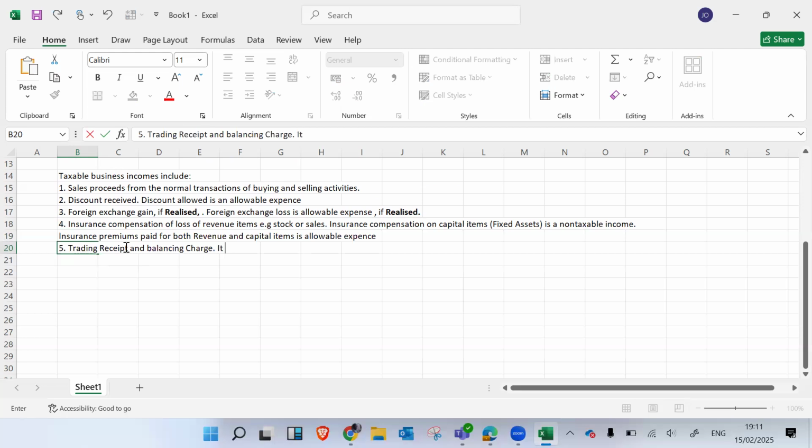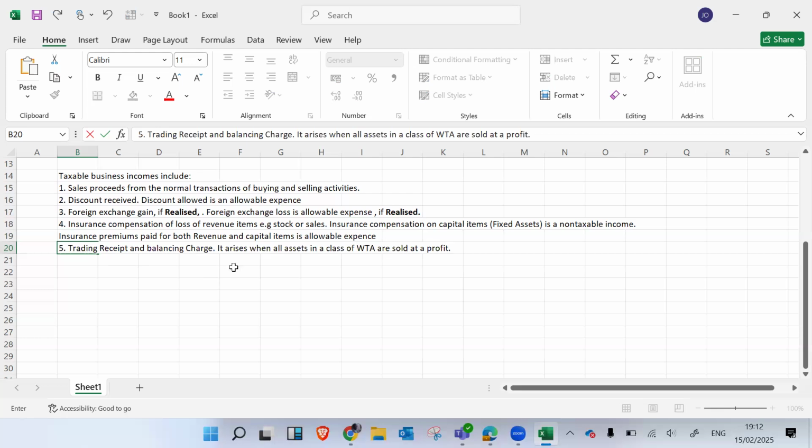Then we say it arises when all assets in a class of WTA are sold at a profit. WTA is wear and tear allowance. It's like a depreciation.